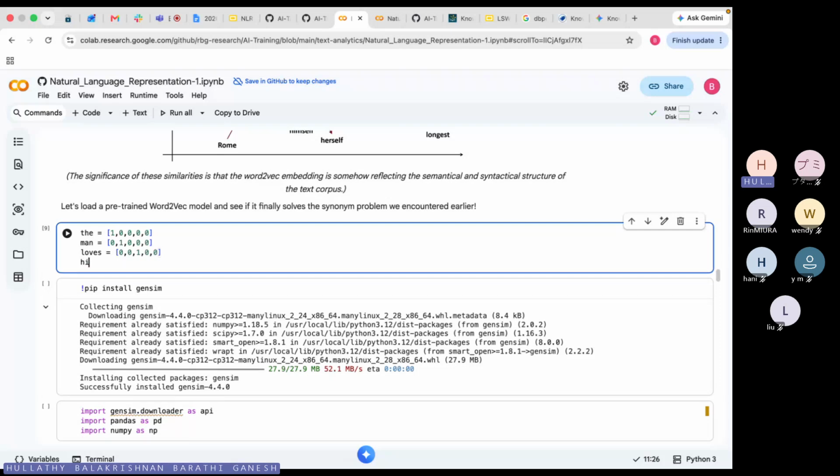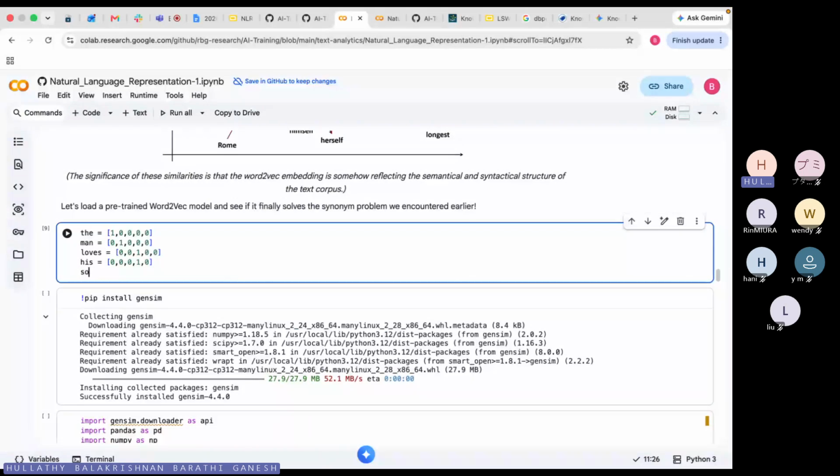His would be 0, 0, 0, 1, 0. Son would be 0, 0, 0, 0, 1. So this is just like an identity matrix only.